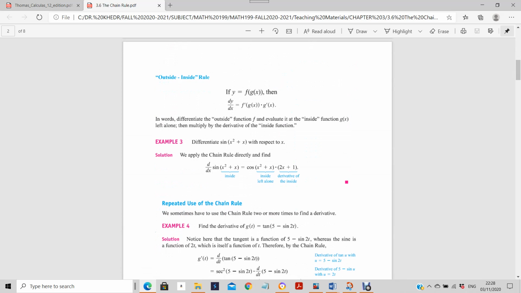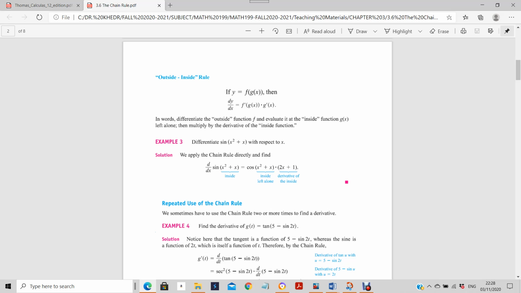Here we have a rule called the outside-inside rule. It's the same as the chain rule, but in a very quick manner. So let's say y is a function of g, which is a function of x, we write like this: y equals f of g of x.